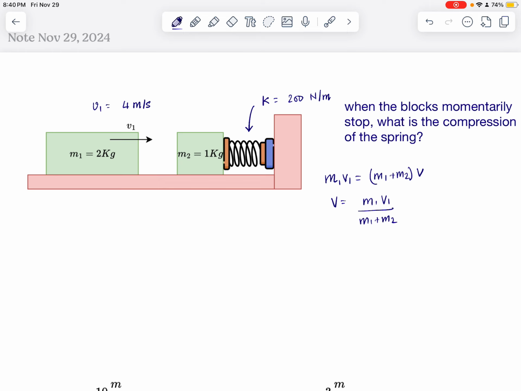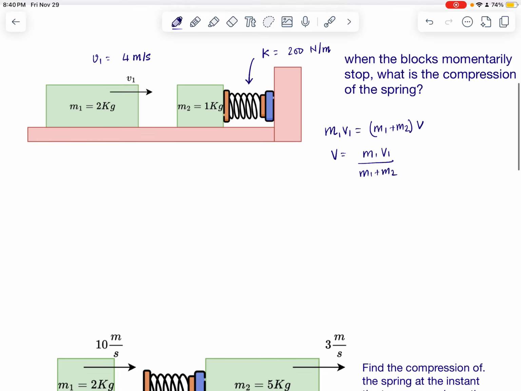a situation where both these masses stick together, and they come to rest momentarily. So we want to find the compression of the spring in that situation. Here the energy is conserved.